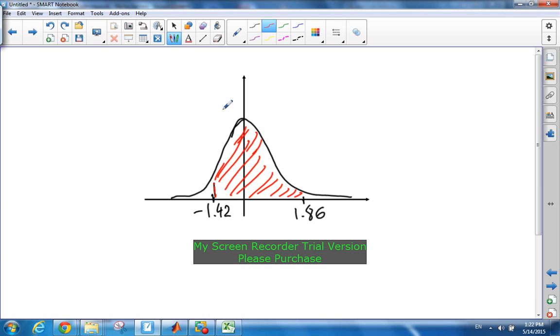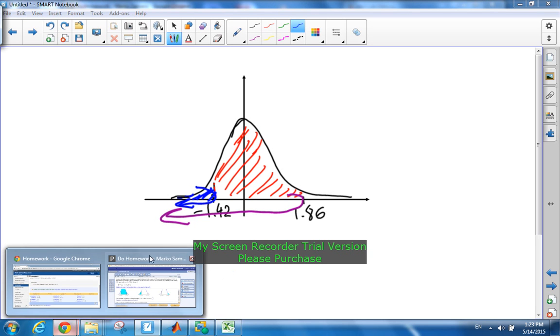To find this area, we can find blue plus red area, which is the cumulative probability of getting a number up to 1.86, minus the probability of getting a number up to negative 1.42. So we can use the table.